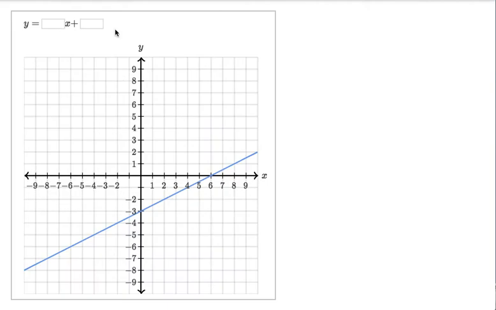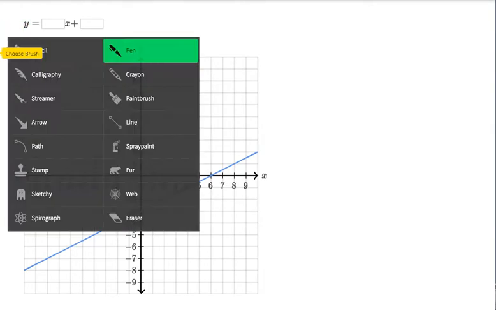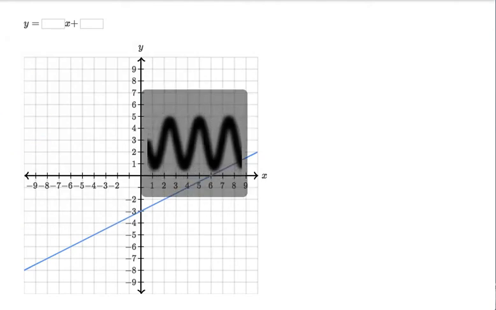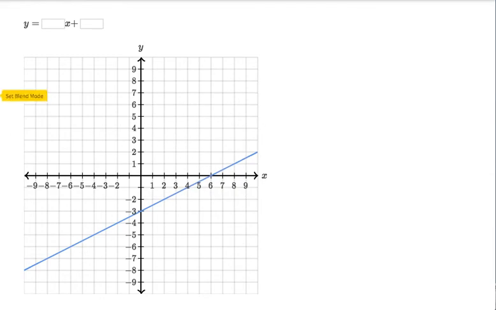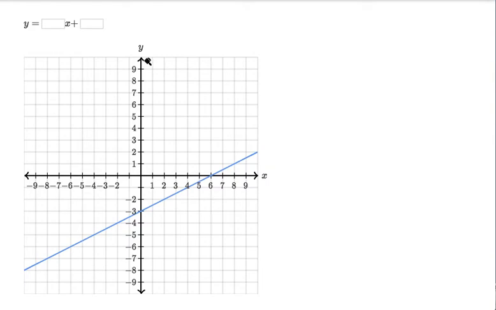Here we have the same concept, y equals mx plus b. We have to plug in every value. Let's remind ourselves that b is the y-intercept, so let's go to the y-intercept. It's -3 here, so we plug it in: -3. Then we have to remember our slope.